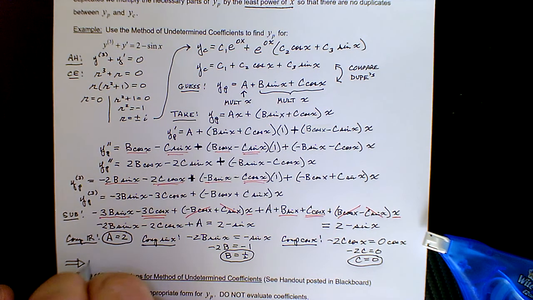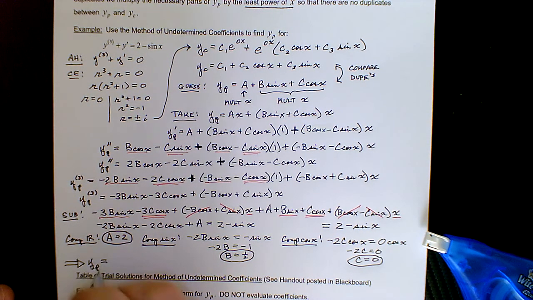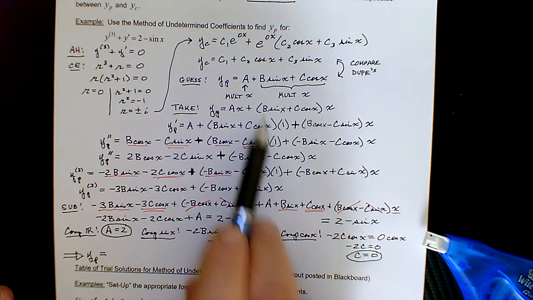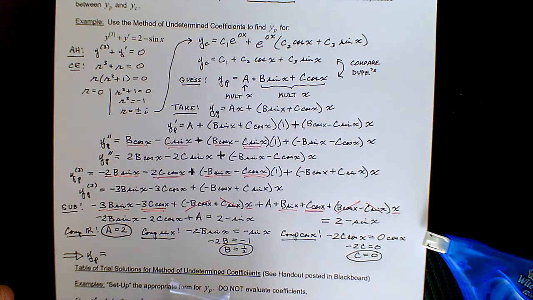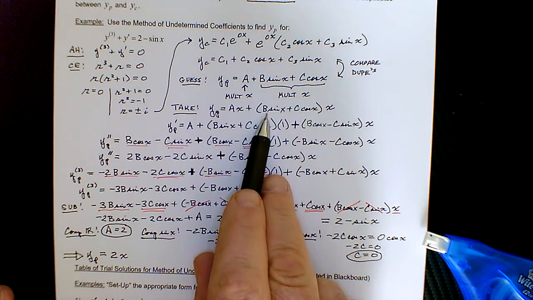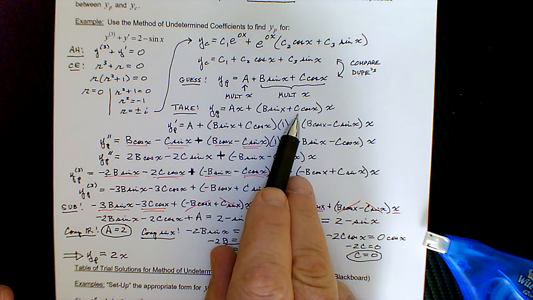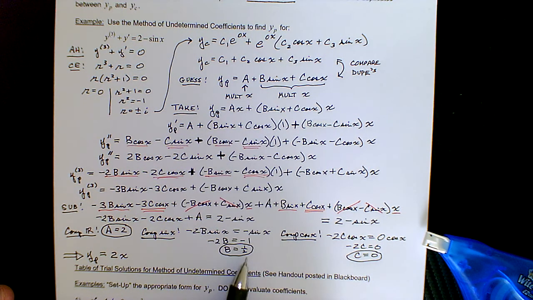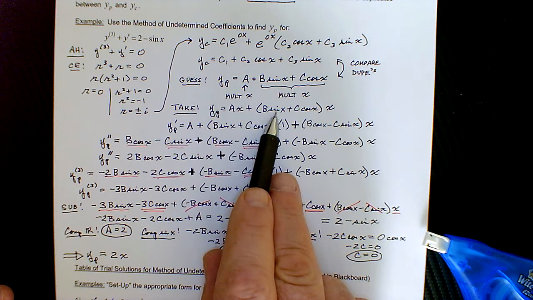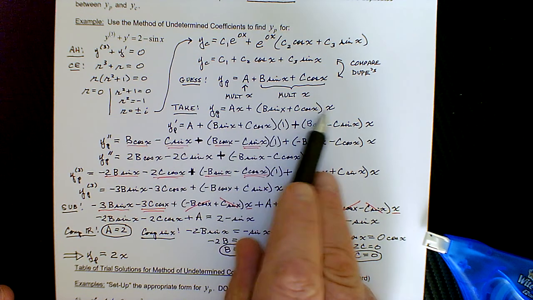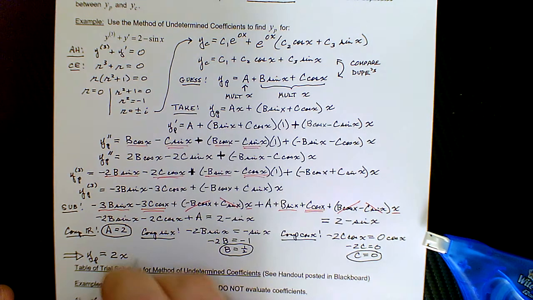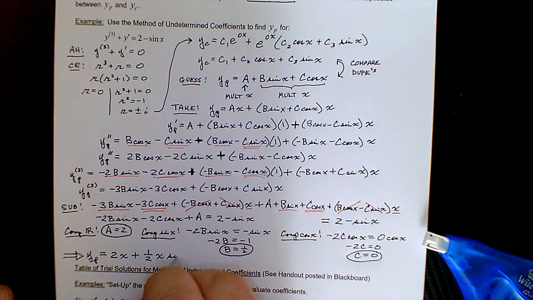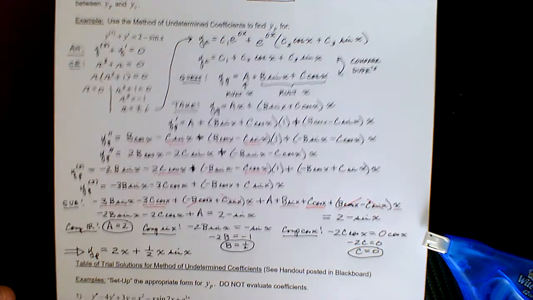So finally, y sub p is, okay, we had ax, a was 2, so 2x, and then b sine x plus c cosine x. Well, c is 0, so that's just b sine x, which is 1/2, but that 1/2 sine x is being multiplied by this x. So plus 1/2 x sine of x.